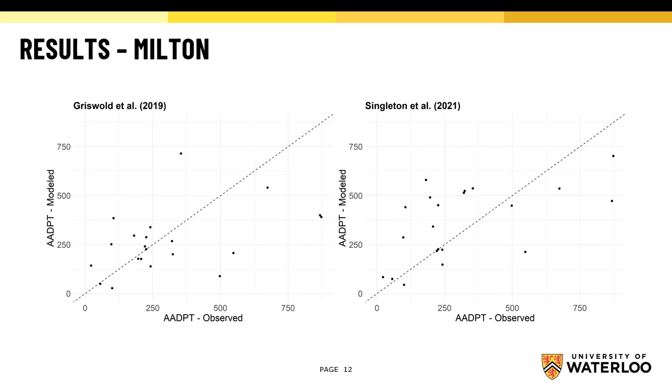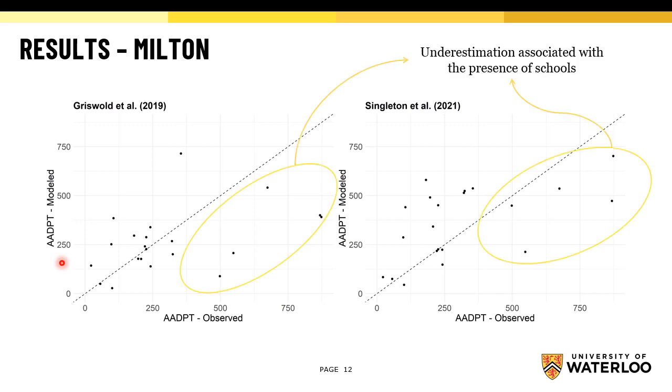A bit more detail on the Milton transferability. Here we have two scatter plots where the x-axis is the observed ADPT and the y-axis is the ADPT estimated by the direct demand model. I would like to point out these five sites, where we observed a systematic underestimation by the models.